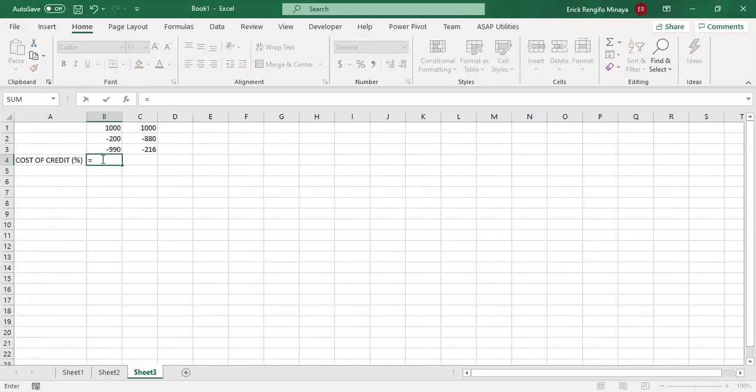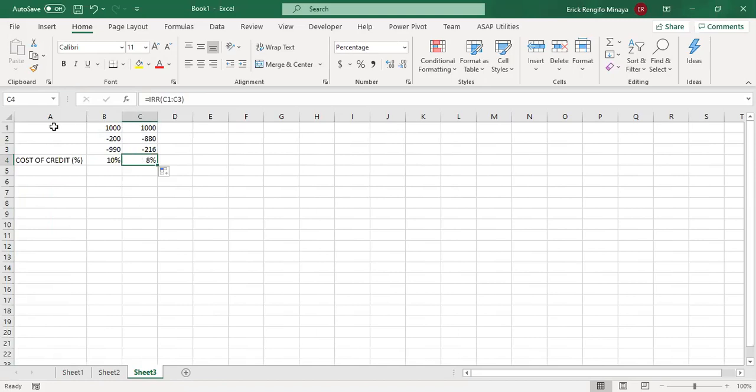The command is exactly the same as my internal rate of return. You simply do this. Do you remember we computed these numbers? 10% and 8%, line 1, line 2. Do you remember that?